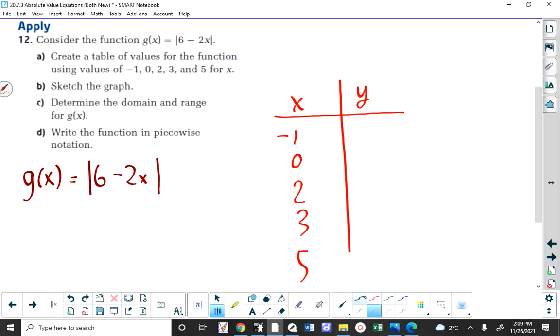I'll be honest with you, and it might be why you're wondering about this question. I don't really get the point of this question. I don't know what the big deal is about doing this. I'm not saying it's easy necessarily. I'm just saying I don't know where it's going. I guess it's going that in the place that they want you to sketch it using a table of values, which, I mean, let's be honest.